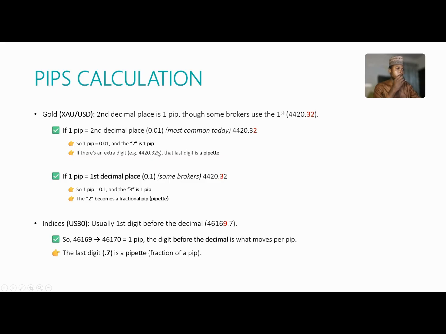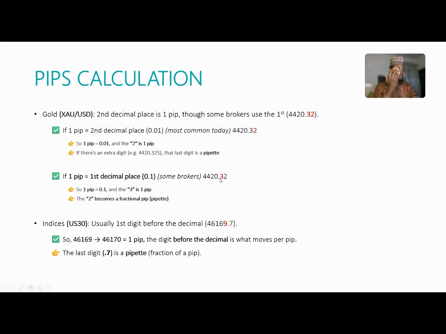So like this last one, the last digit is the pipet for this. The second option is if 1 pip for gold is the first decimal place, which is 0.1. Some brokers, I think my broker also is like this.